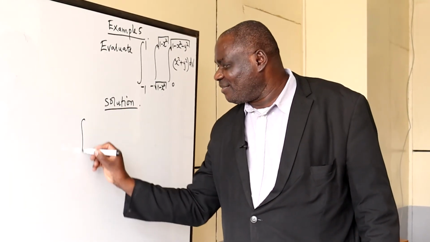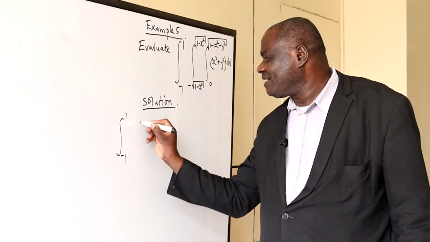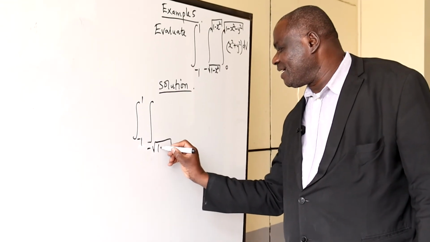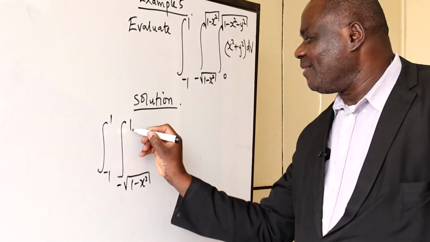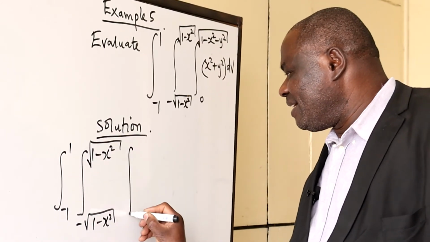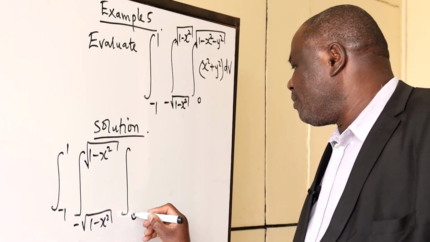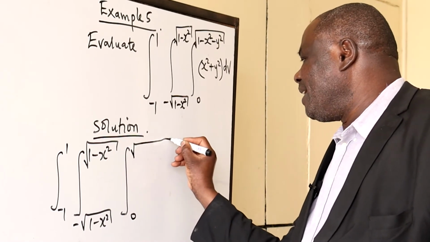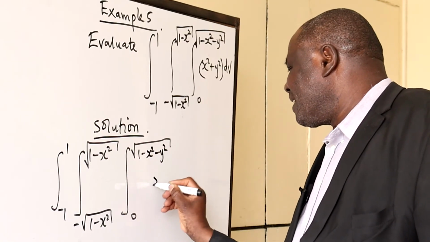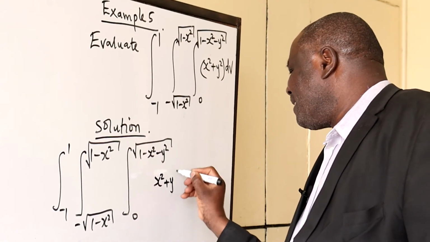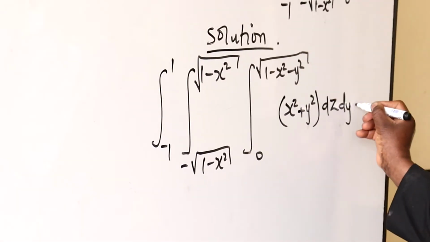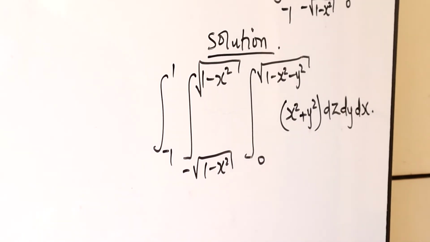We can say this is from -1 to 1, from minus root of 1 minus x squared to positive root of 1 minus x squared, from 0 to root of 1 minus x squared minus y squared, x squared plus y squared, now dz, dy, dx.